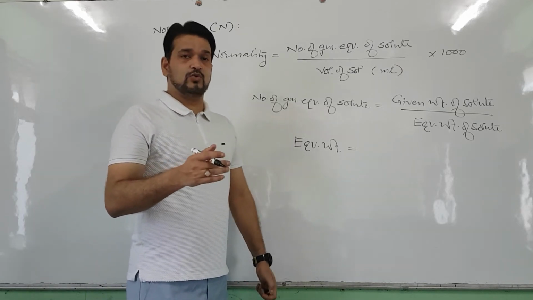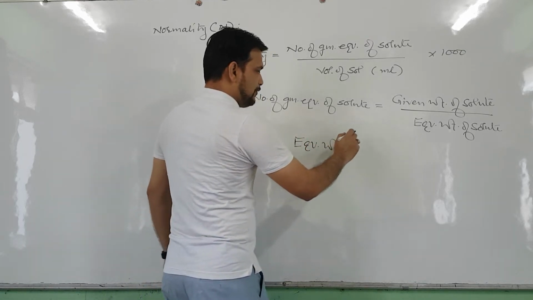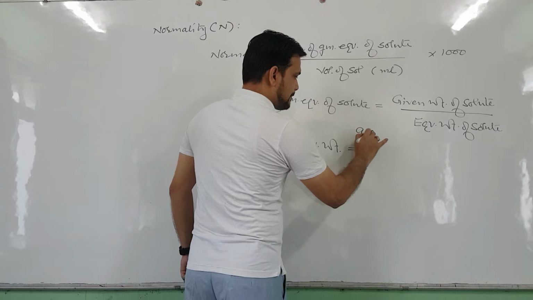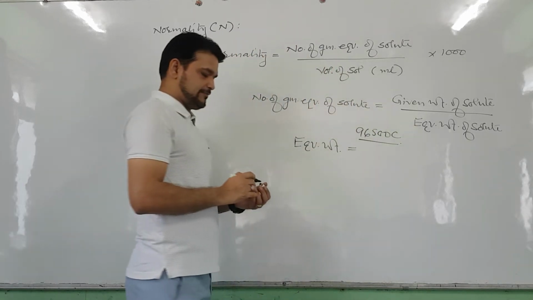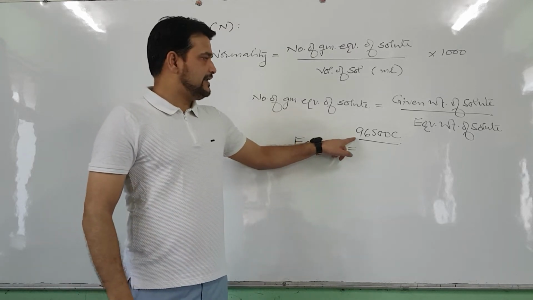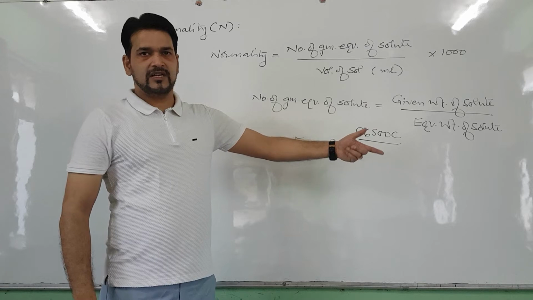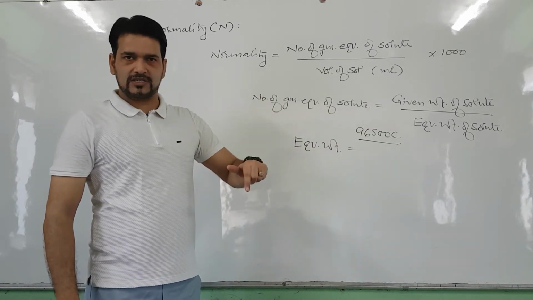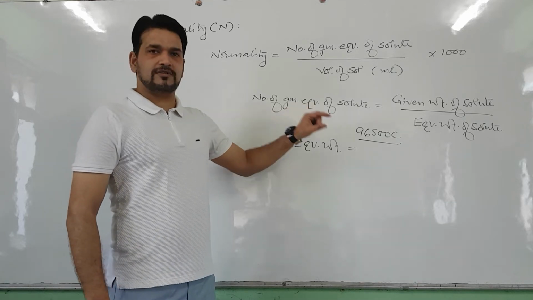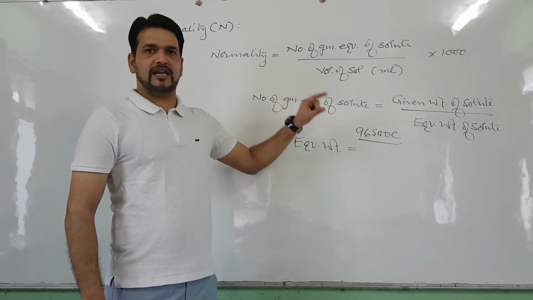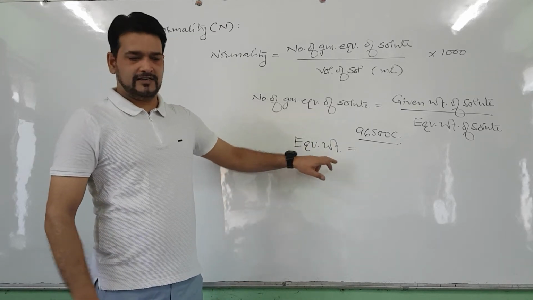But we can't calculate the number of moles of electrons, so we can say that when 96500 coulomb electricity is passed, then 1 mole of electrons is transferred, and at that time the amount of substance deposited at the electrode is known as the equivalent weight.